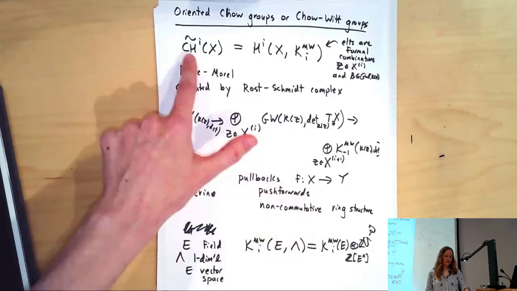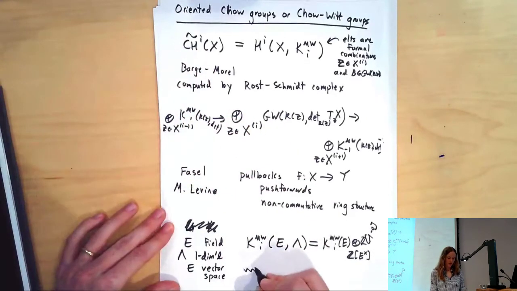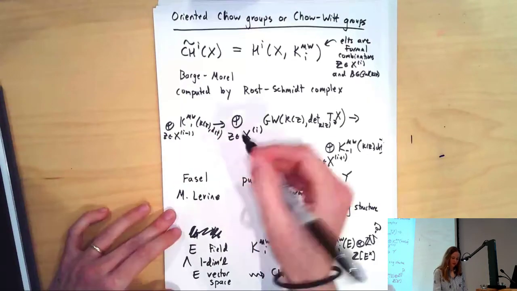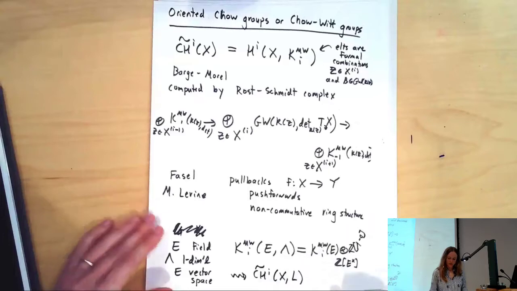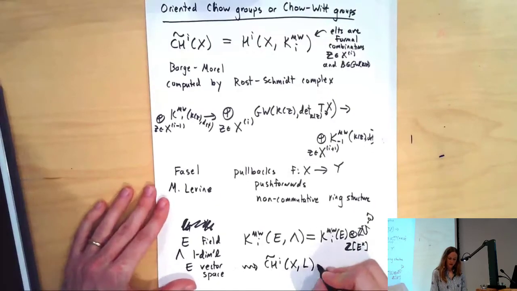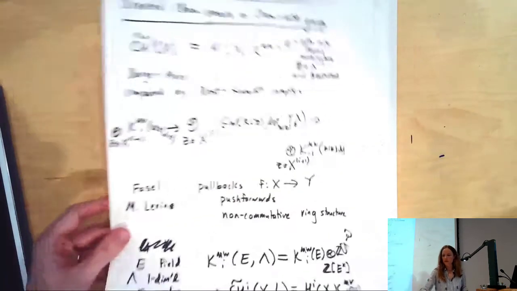We could then also twist. This leads to Chow groups, oriented Chow groups, with twisted coefficients, which is H I X K Milnor-Witt I twisted by L, where L is a line bundle on X.